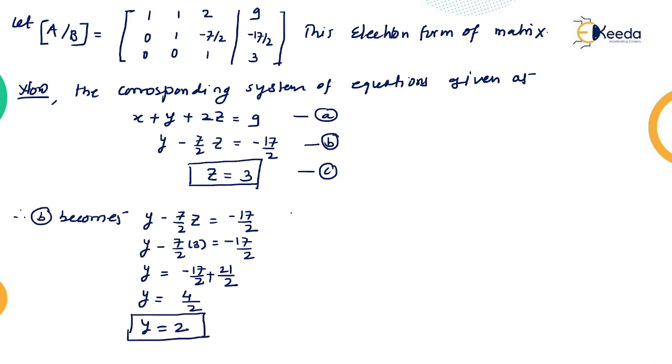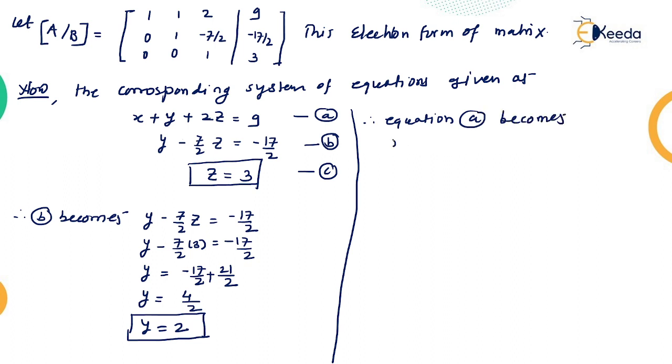Putting the values of y and z in equation a, I am writing once again: x plus y plus 2z is equal to 9. So x is equal to 9 minus y minus 2z.